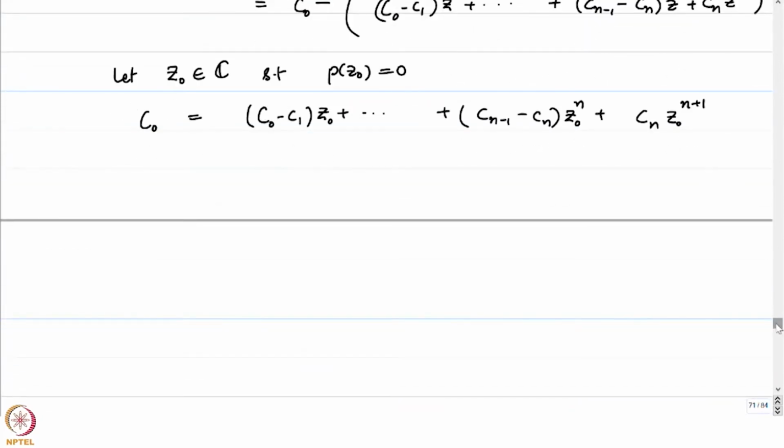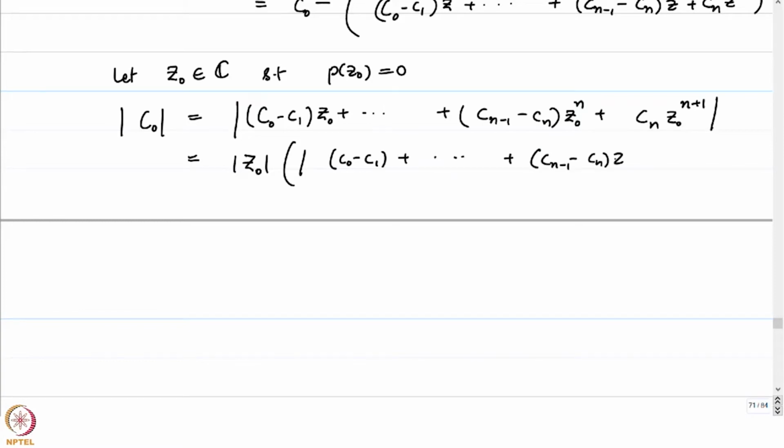And if we are going to take the absolute value of this, it will be like this, and so this is basically absolute value of z0 times the absolute value of C0 minus C1 plus up to Cn minus 1 minus Cn times z0 to the power n minus 1, plus Cn z0 to the power n, and finally it will be like this.